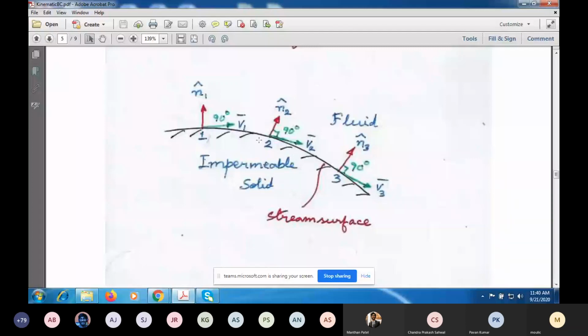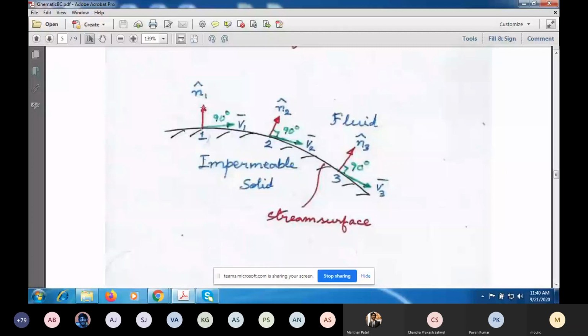And at each of these points, I have indicated the unit vector normal to the solid-fluid interface, which is pointing from the solid into the fluid in all 3 cases. So this I've called N1 with a hat or caret sign on top. This is N2 with a hat, and this is N3 with a hat over here.